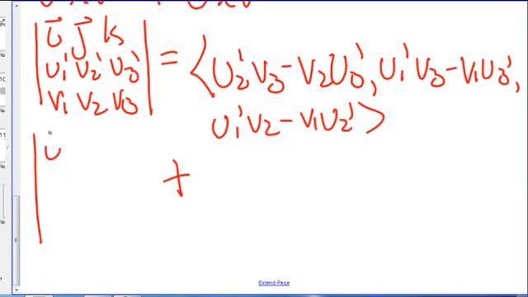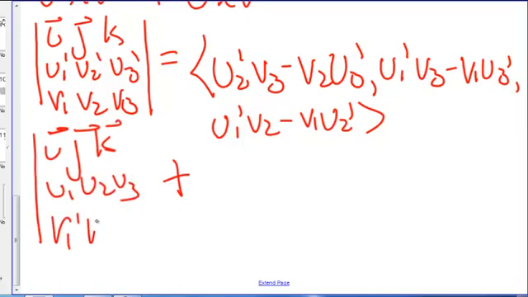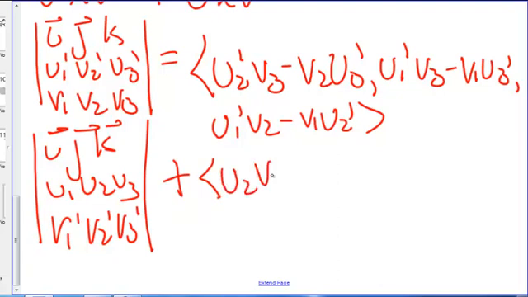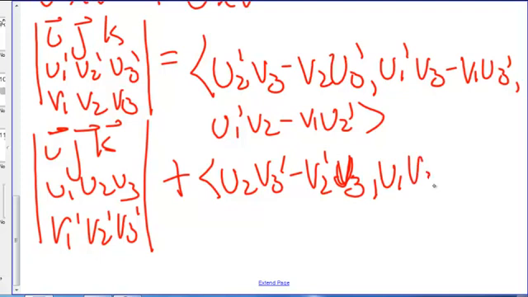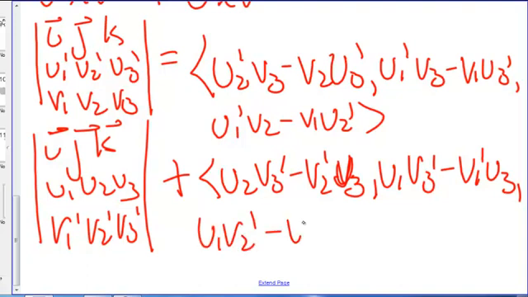plus we have the cross product of u and v prime. So plus the vector u2 v3 prime minus v2 prime u3, u1 v3 prime minus v1 prime u3, u1 v2 prime minus v1 prime u2.